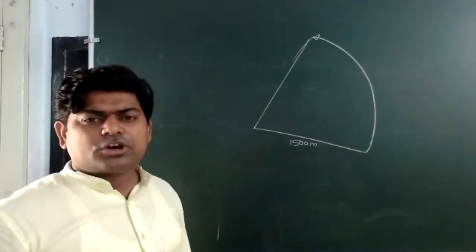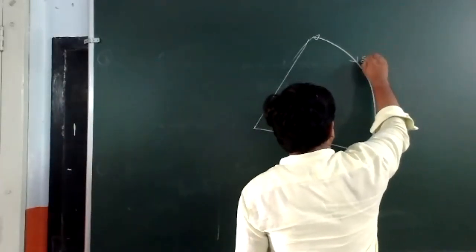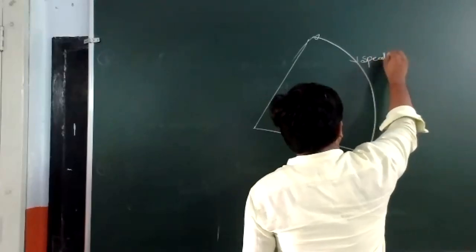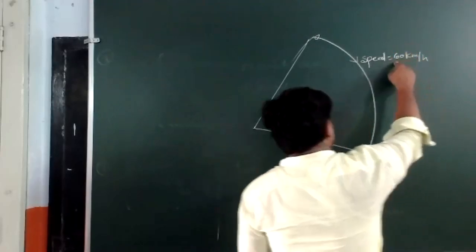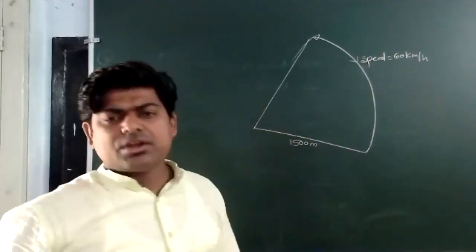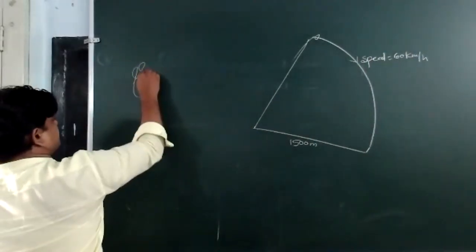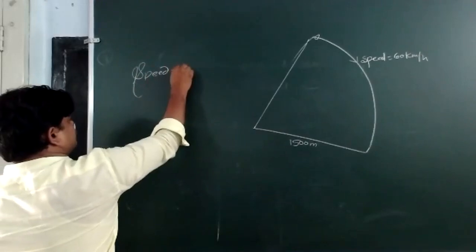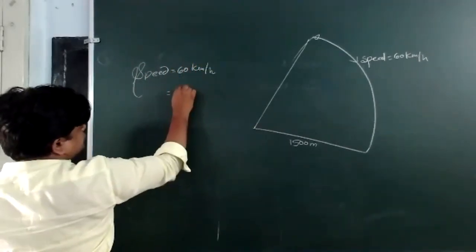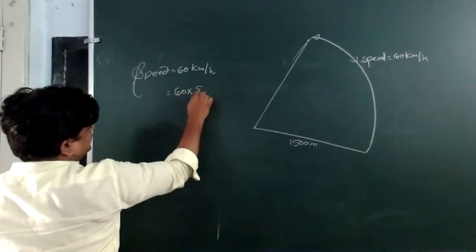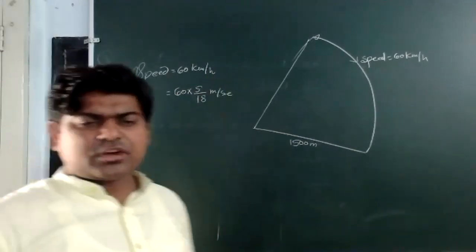Now the engine is traveling like that, and the speed of the engine is given as 60 kilometers per hour. This one is in kilometers, this is in meters. We should write that speed is equal to 60 kilometers per hour. It can be written as 60 into 5 by 18 meters per second. Am I correct? Say yes or no.